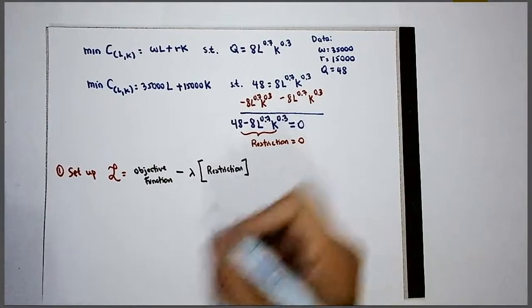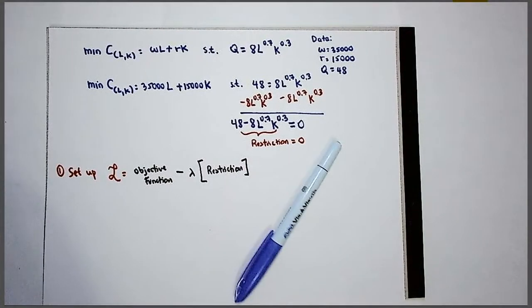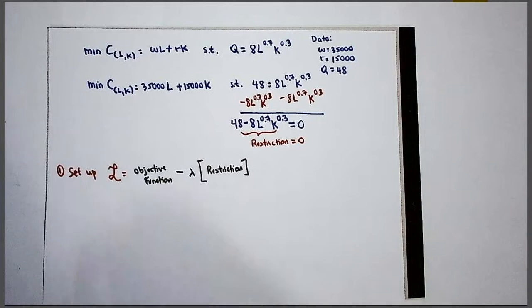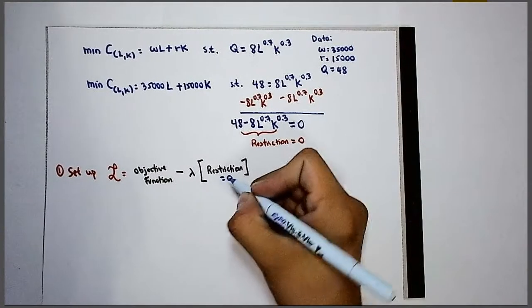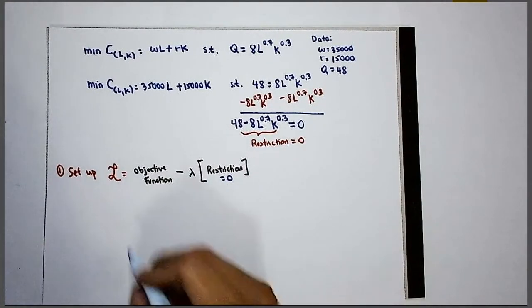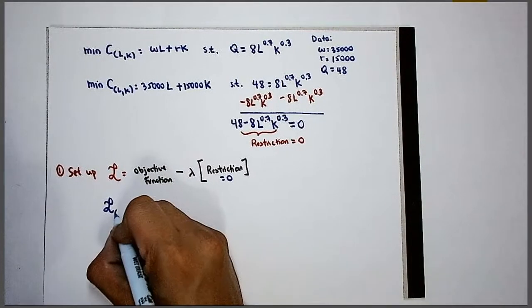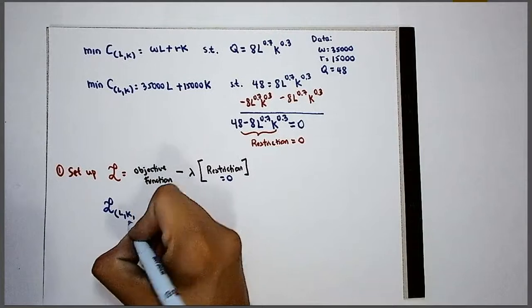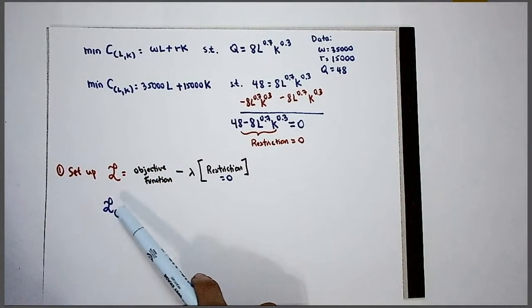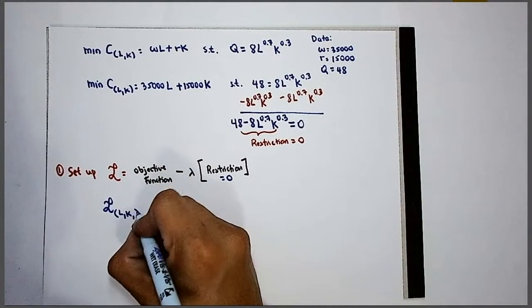And remember, the restriction always has to be equals to 0. So let's replace that. In this case, the Lagrange function is a function of L, K, which is labor and capital, and lambda.